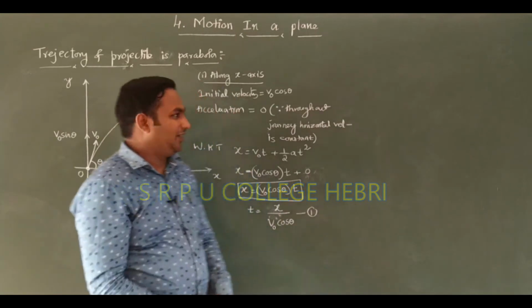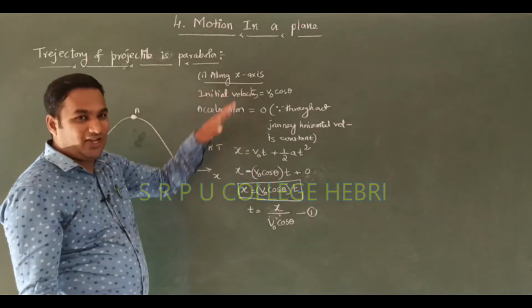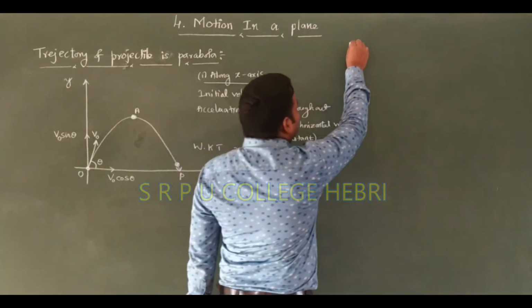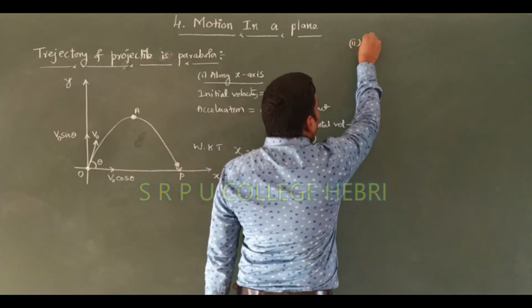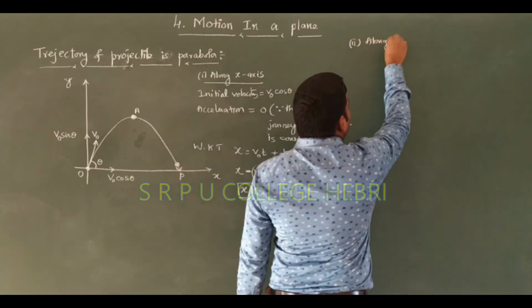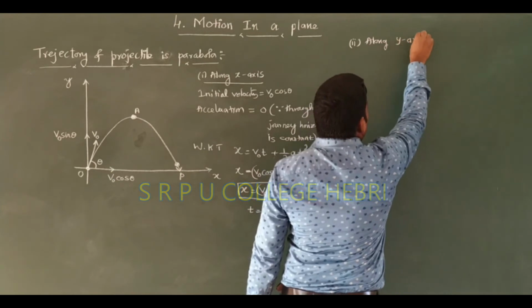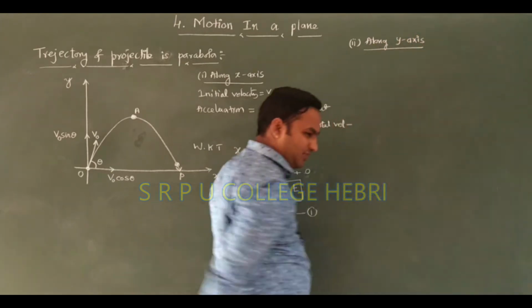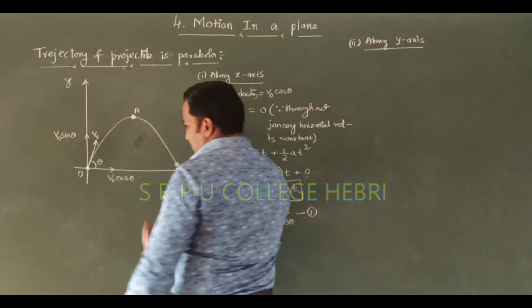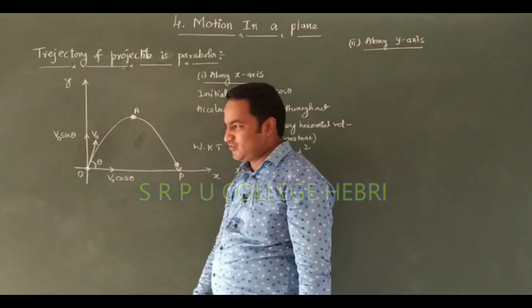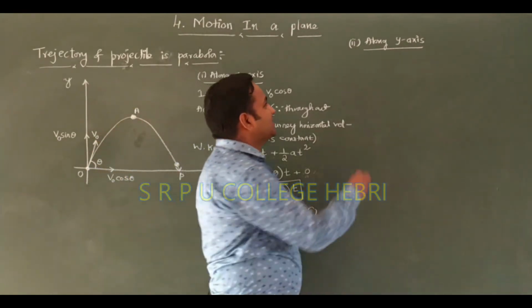Then the next step: first I considered the x-axis. In the next step, second one, along which axis? The y-axis. Dear student, in the case of this diagram, along the y-axis, the initial velocity is v naught sin theta.